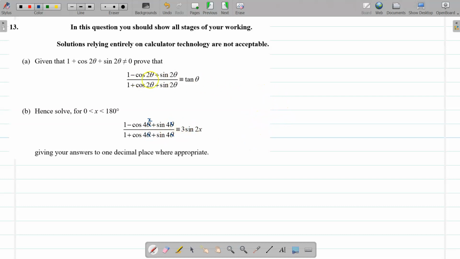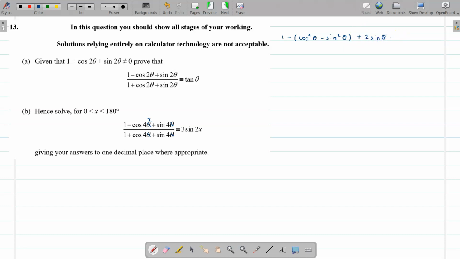Let's look at this first identity to prove. So I'm going to write 1 minus, and I'm going to replace that with cos squared minus sine squared, using the addition formulae, but in the double angle formulae format, plus 2 sine theta cos theta.